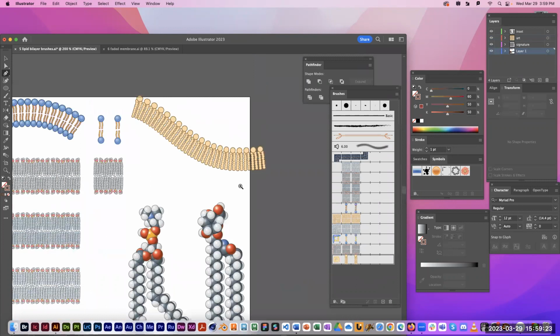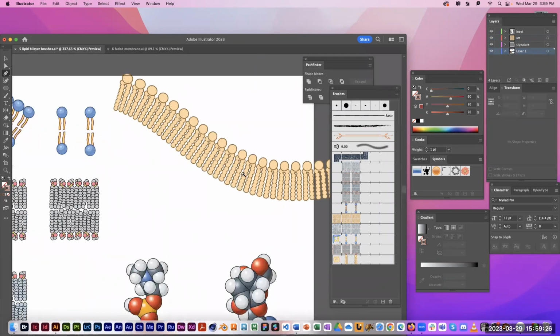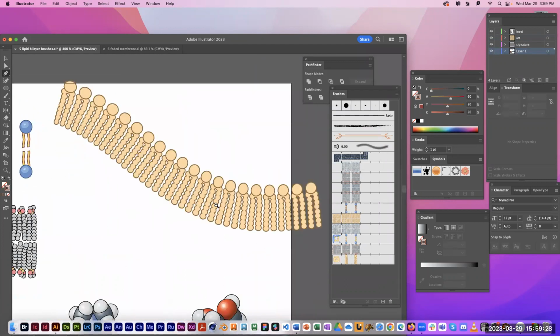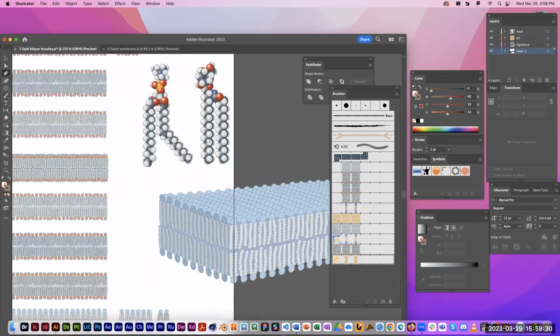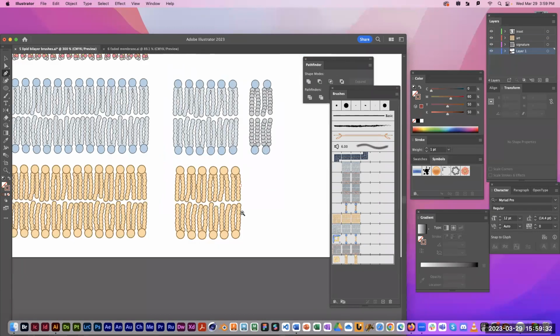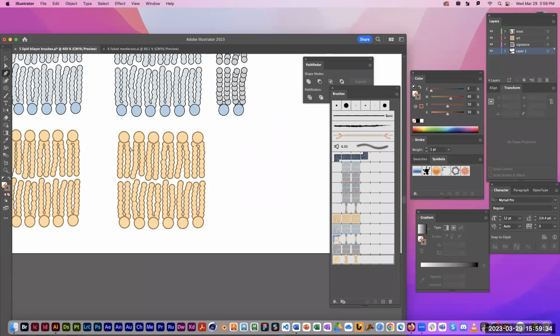It might look okay, but it's very stiff and repetitive, I feel like. So what I'll do is create a little variety. Have some that bend one way, some that bend another way, just to create a little bit of variety in the phospholipids. Because that's realistic, you've got different fatty acid tails, so there is actually some variation.